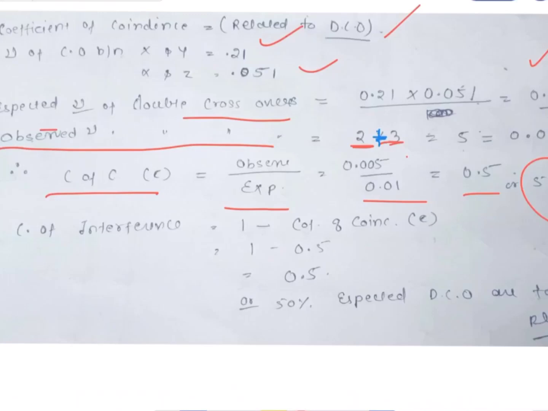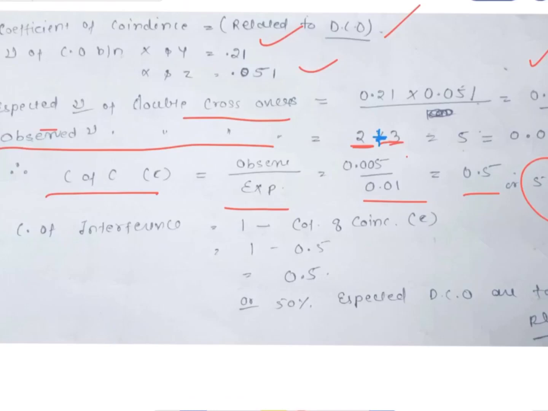What is the coefficient of coincidence? It is the observed crossing over divided by the expected one. What do we expect? We expect that the double crossovers are two separate crossovers occurring in the chromosome, and that one crossover does not affect the region of the other. This is our expectation.